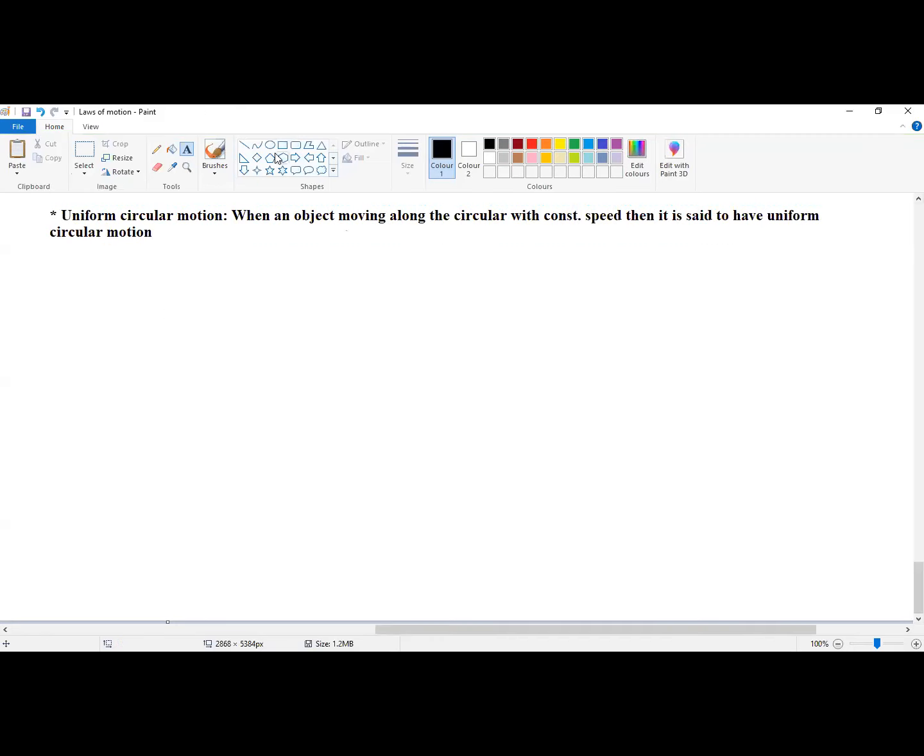Example: suppose you have a thread and a stone. At one end you have tied the stone in such a way, like this, and now you are whirling it around, in any particular direction.